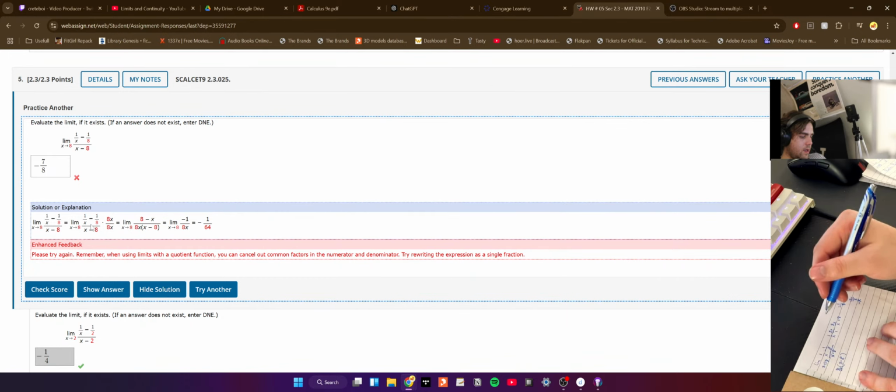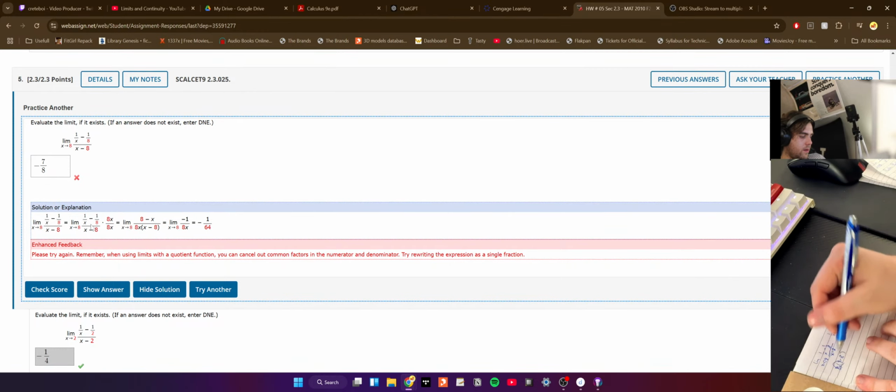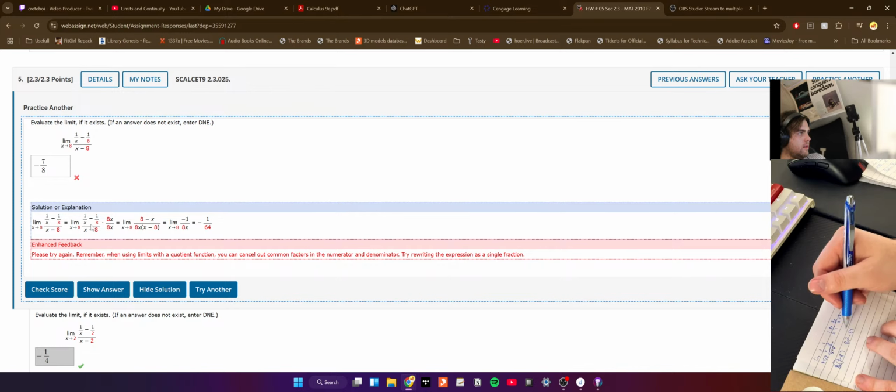What I'm struggling to understand is how this doesn't become 8x squared minus 64, and then what do you simplify.